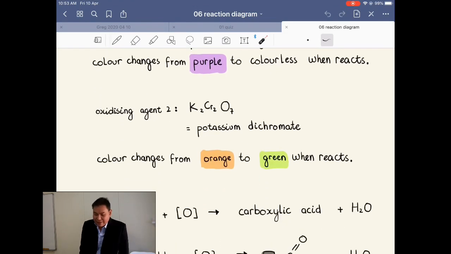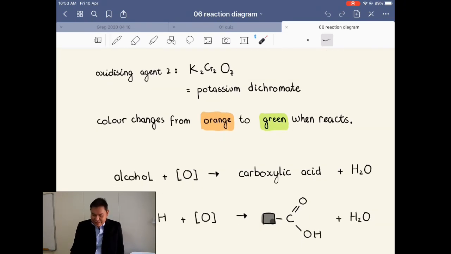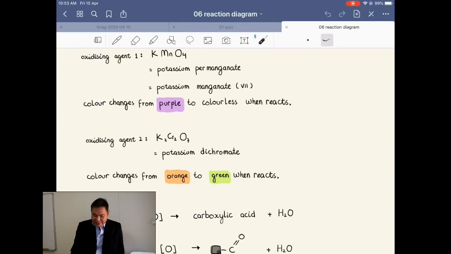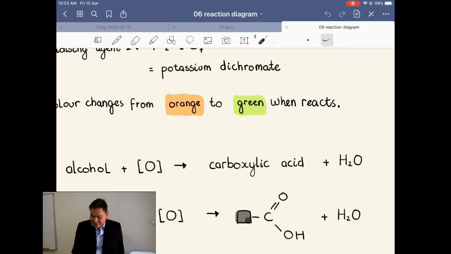Another common oxidizing agent that people use is the potassium dichromate, K2Cr2O7. The color will change from orange to green. So potassium dichromate itself is orange, it will turn to green after it reacts. Remember the symbol is a square bracket with O inside.